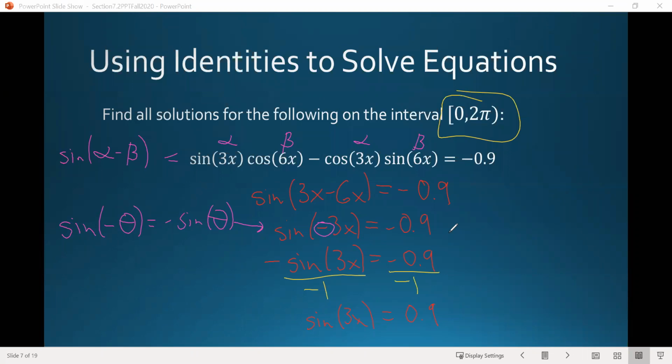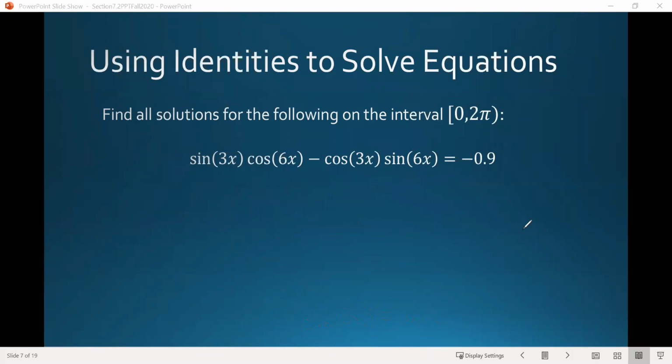So I'm going to go ahead and clear this out. We are working again with sine of 3x equals 0.9. Now we can use our U substitution for the stuff inside of the trig function.